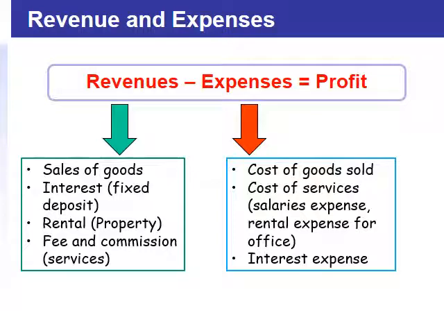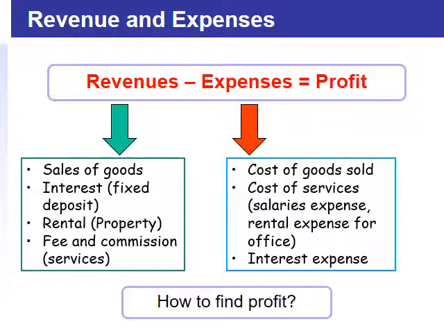Whenever the company consumes services, you're going to pay for it. For example, salaries expense, rental expense for the office, and also interest expense when you borrow money from the bank.